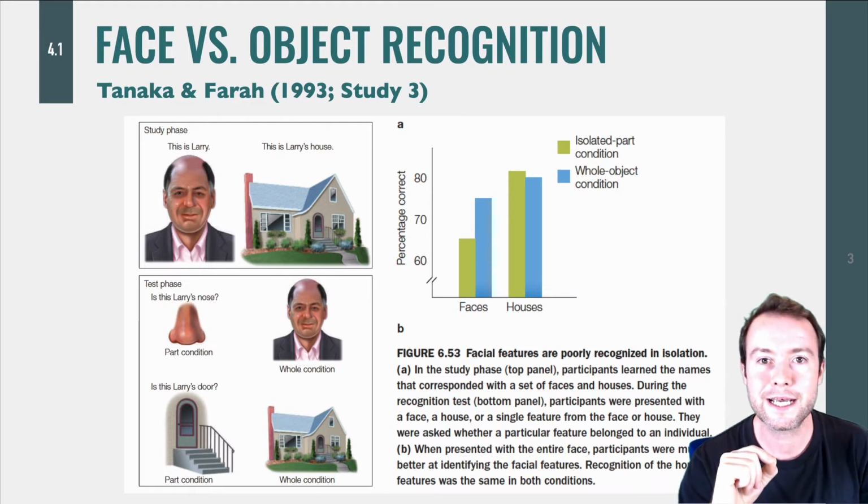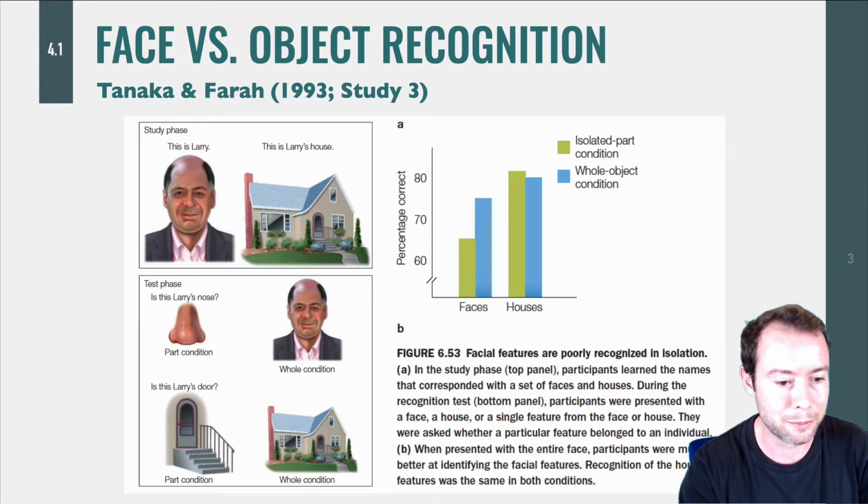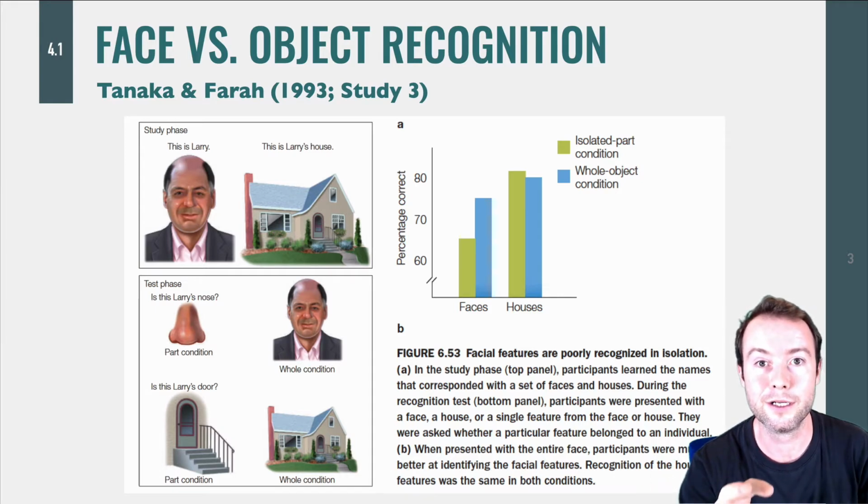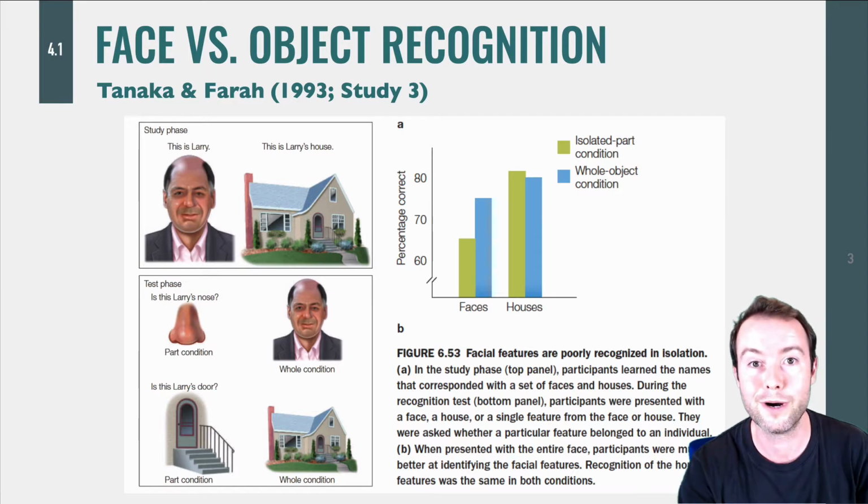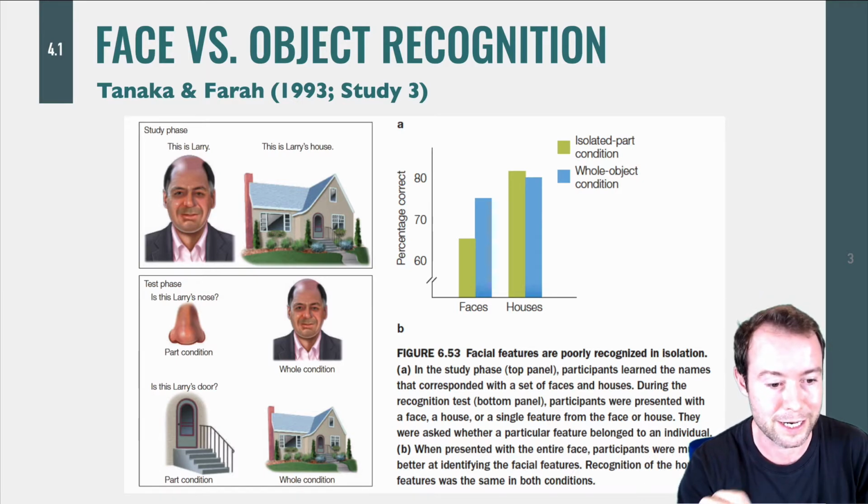Now in the test phase, the experimenters had two conditions whereby they varied whether participants were given either the entire whole face that they'd seen before or a part of the face, and similarly they were shown the whole house or a part of the house.